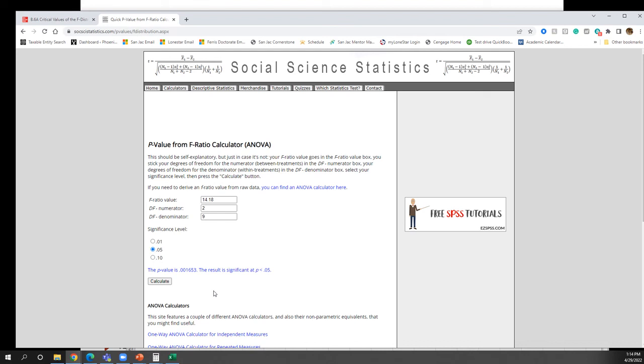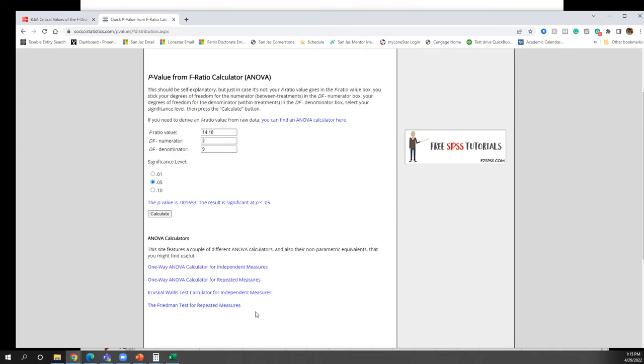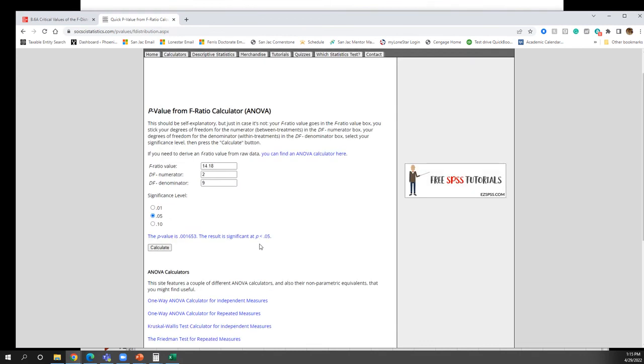Which means we're going to reject the null just based on the p-value alone, but we've already rejected it because of our rule. Critical value sounds a lot more complicated, but it really just takes the steps.